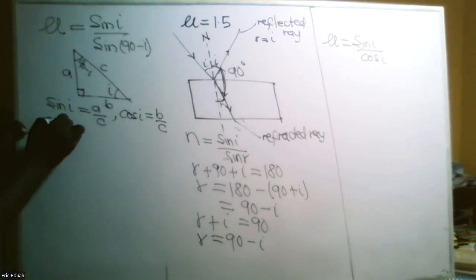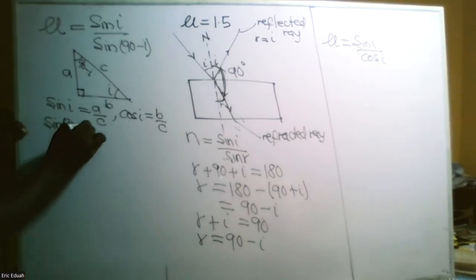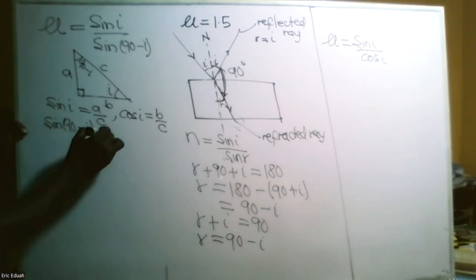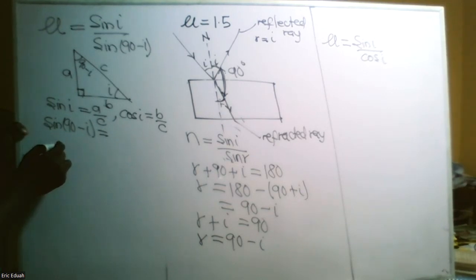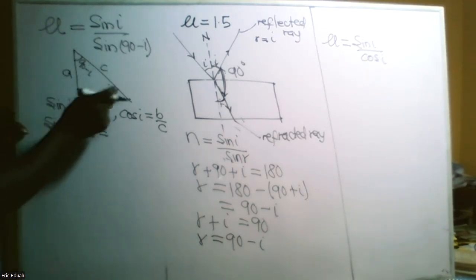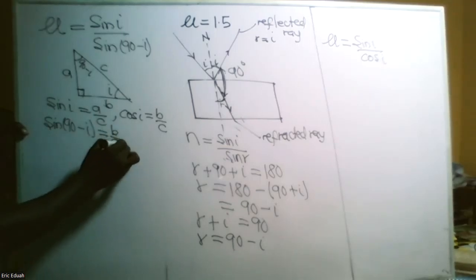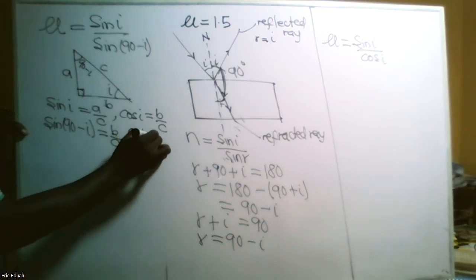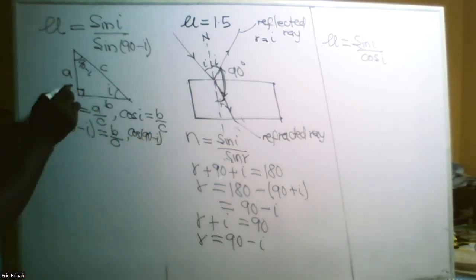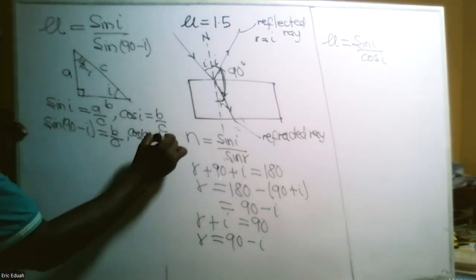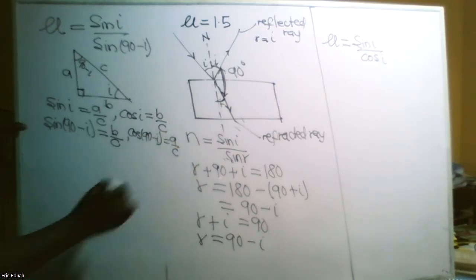Sine 90 minus I is equal to, this time this side becomes the opposite, B over C, and then cos 90 minus I becomes A over C.